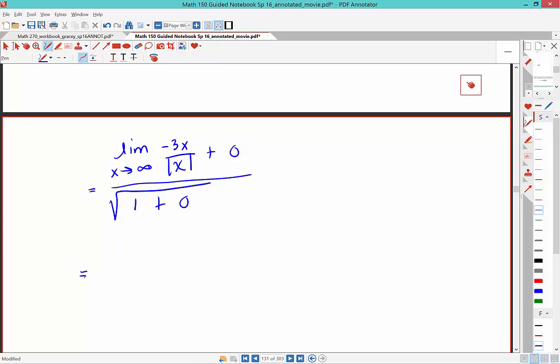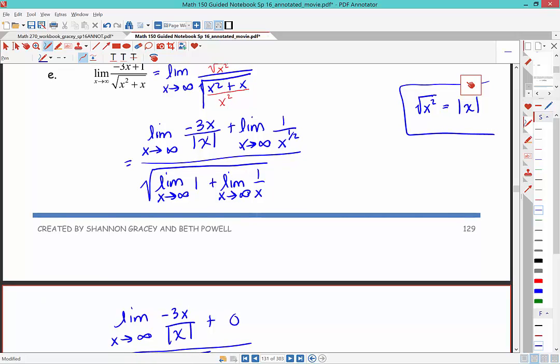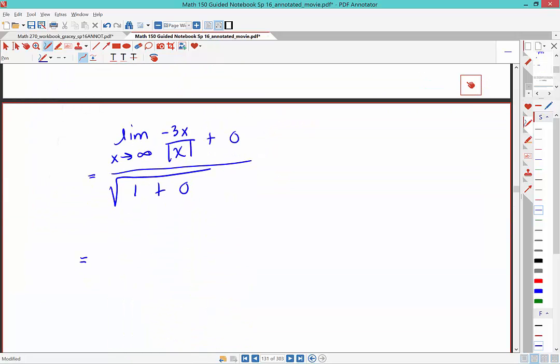So think about what happens. X is approaching positive infinity, isn't it? And so what's going to happen is if you put in 100, do you see that you'd have negative 300 over 100?